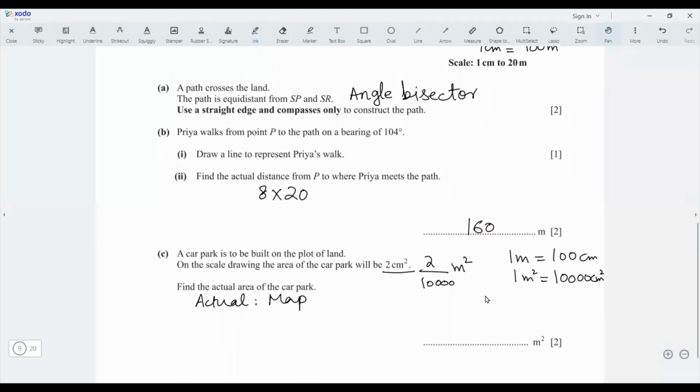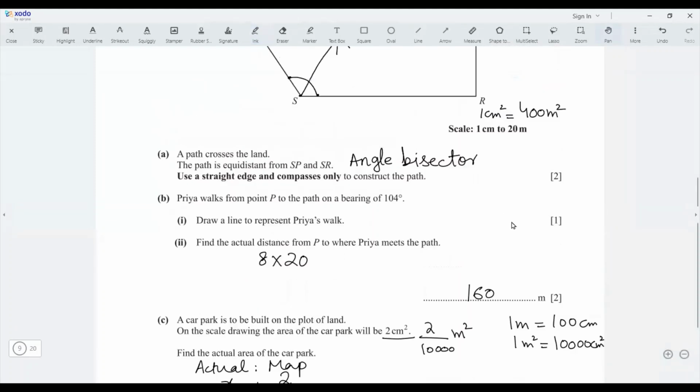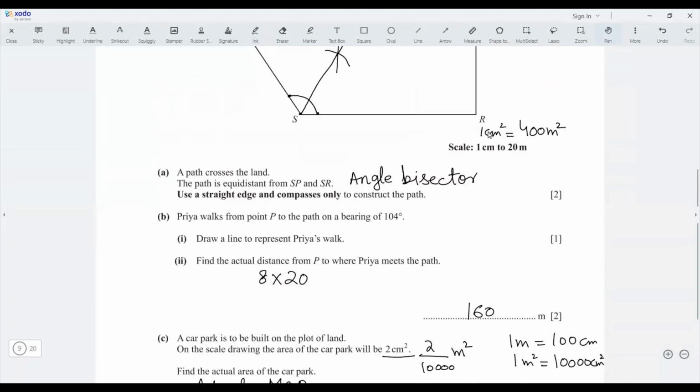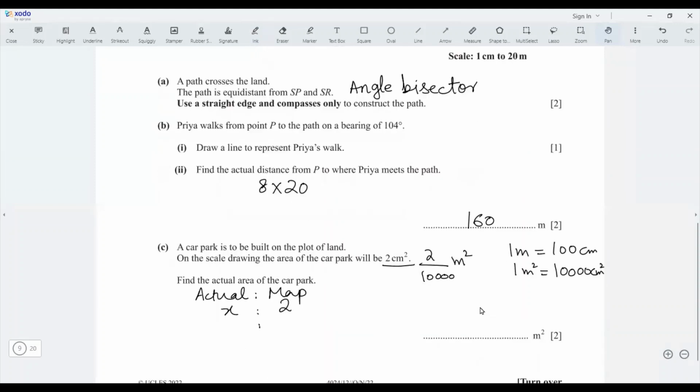So what do you need to do on the map? You don't need to apply meters squared. You can apply centimeters squared as well. On the map, if it is 2 centimeters squared, what about the actual? We need to find x. For the scale factor, on the map it is 1, and for the actual it will be 400.